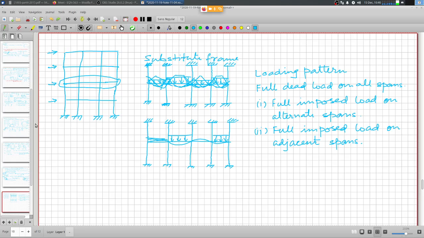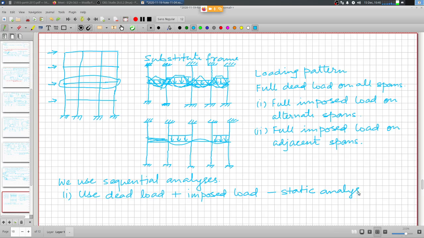Now one thing that you need to understand, although we use sequential analysis, that is, first use dead load plus imposed load static analysis, and then you make use of earthquake or wind loads, right?